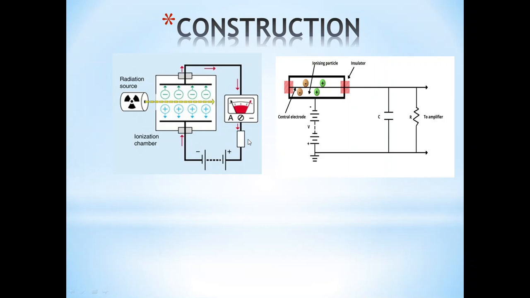But basically the idea is that two electrodes are enclosed in a metallic chamber, which is filled with either air or any other gas. When the particle is incident in the medium, ionization is produced. Electron and ion pairs are produced which move in opposite directions because of the applied potential difference.